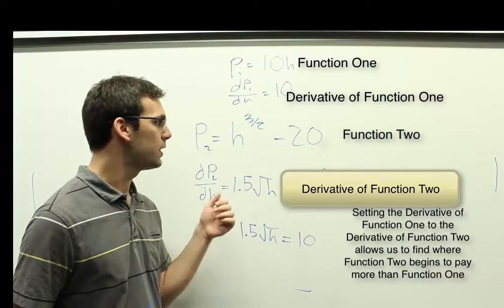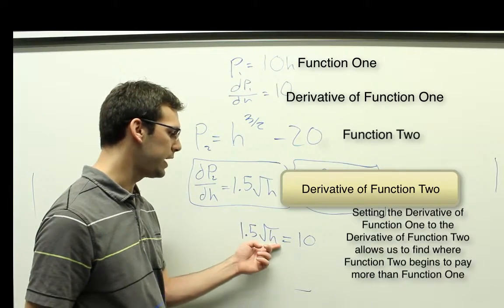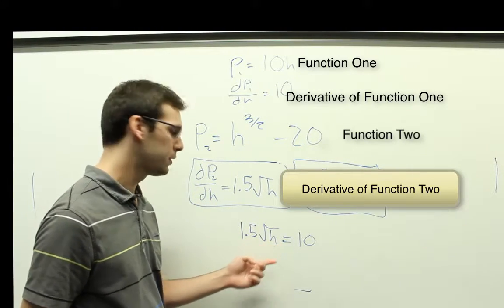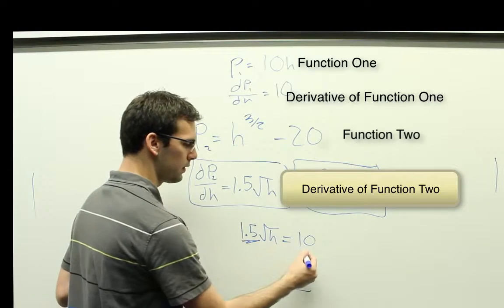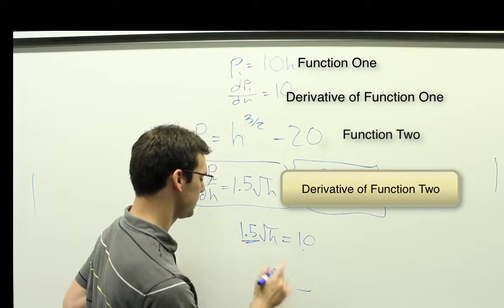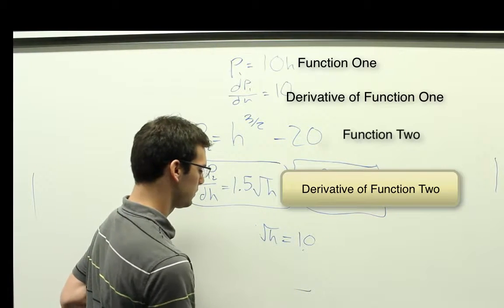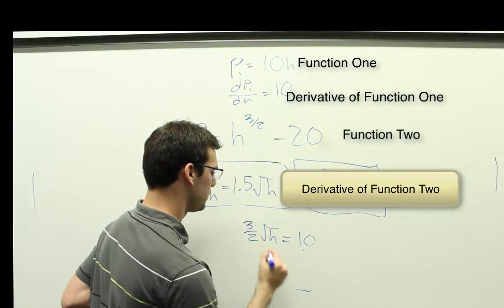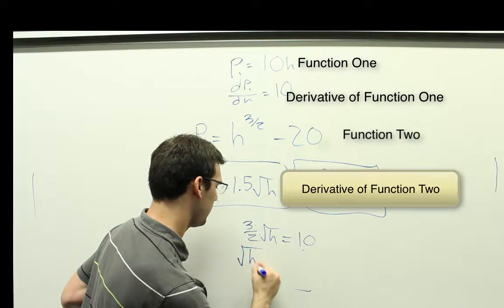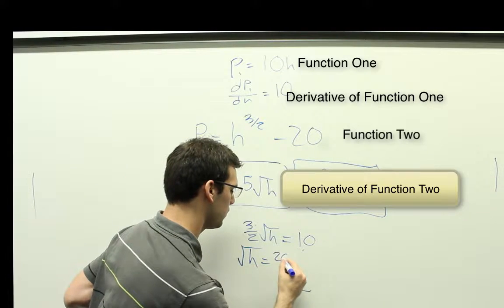And so to do that, we take our two derivatives and we solve for the h that results, the number of hours. Move the 1.5 over to here, so that's 3/2. We have the square root of h is equal to 20 over 3.